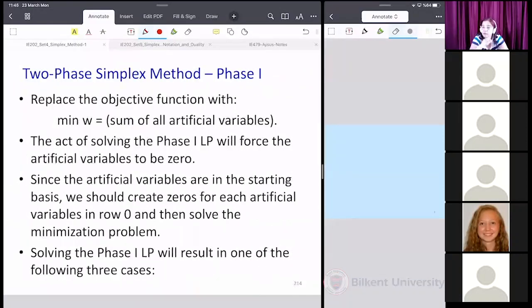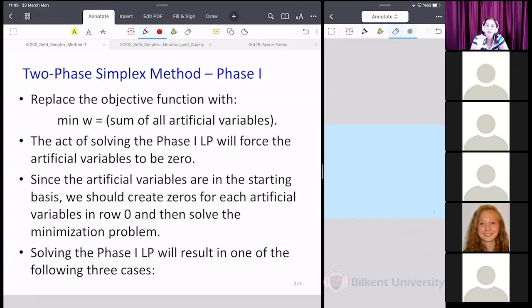If the artificial variables were out, that means they're non-basic variables and their values are 0, then you can continue to your phase 2. Continuing to phase 2 requires you to put back your original objective function, convert the row 0 to a legitimate version, and then continue with the simplex algorithm.